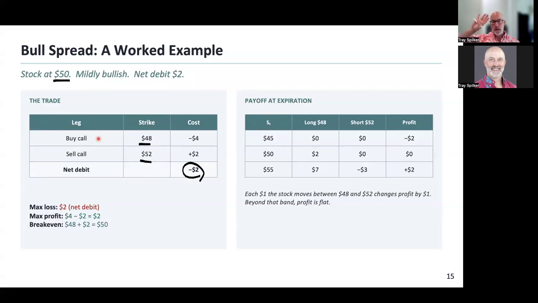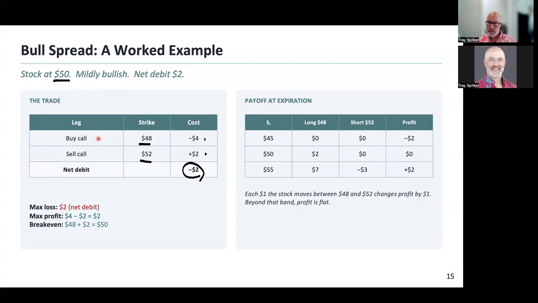So $2 to the upside, $2 to the downside. The one that we bought cost $4, and the one that we sold, we earned $2. So our net cost is $2 to put this on. Basically, per contract, that's $200 it costs us.